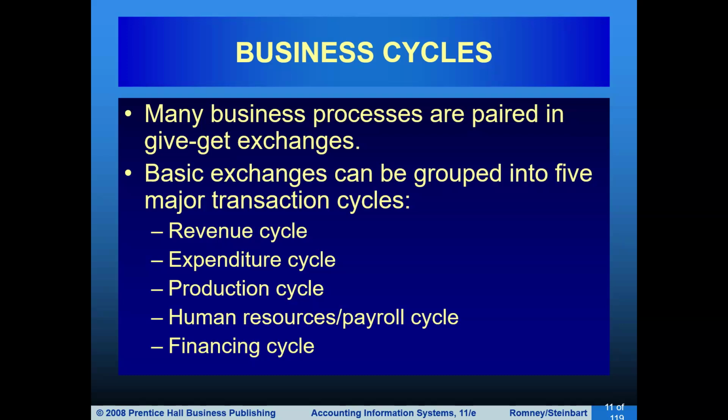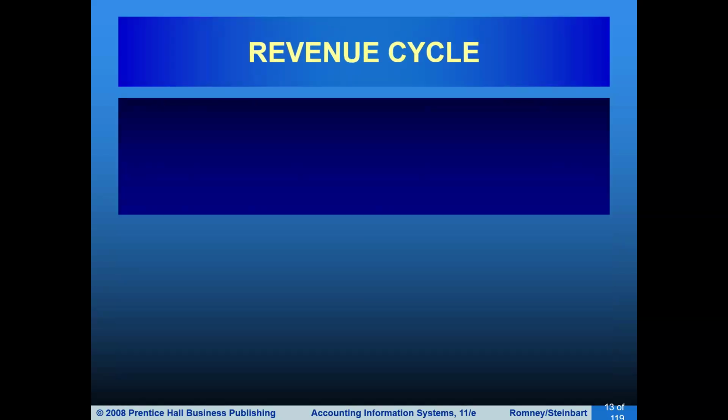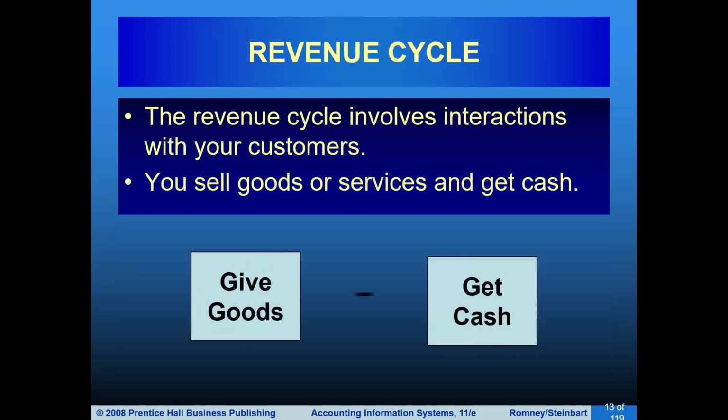That is what ERP also talks about as separate modules. Revenue cycle is what? We go one by one. The revenue cycle involves interaction with your customers because you have to sell and earn money. You sell goods and services and get cash. I told you each cycle has a give-get relationship.